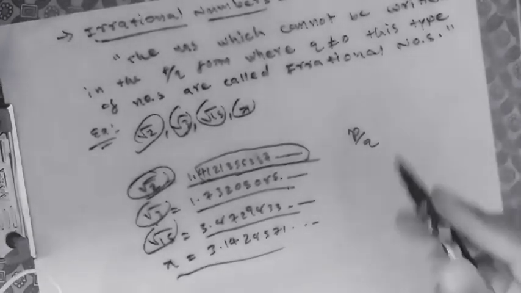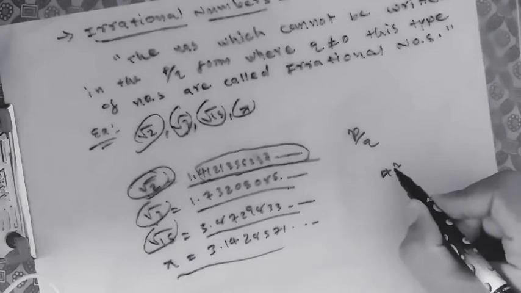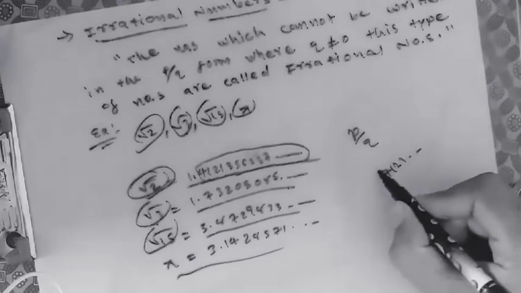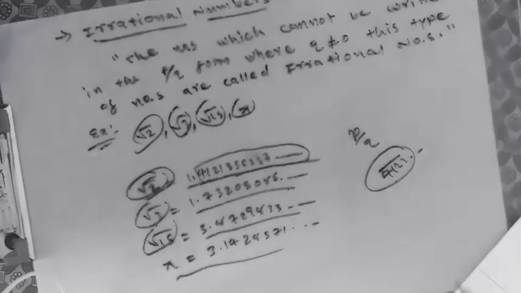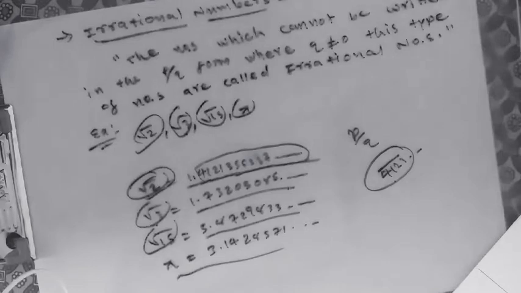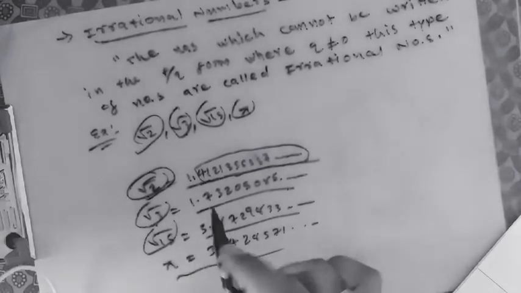If it repeats itself, then we can write it down like this. So we can find out the p by q form with one method, but here it is not possible. So this type of numbers are called irrational numbers.